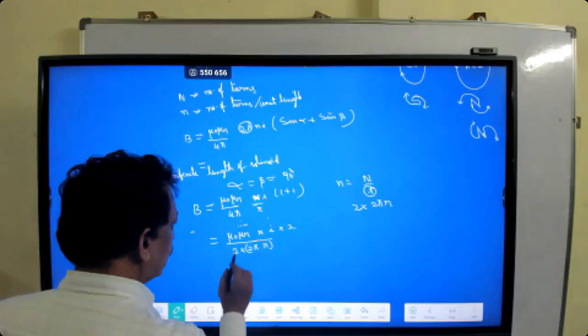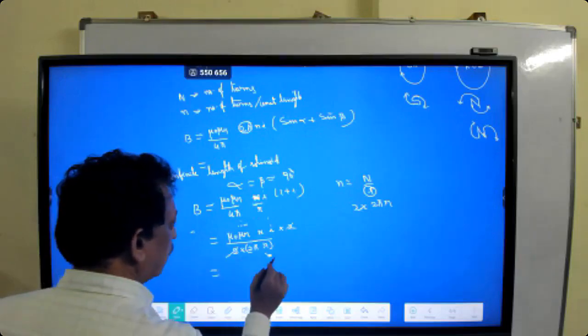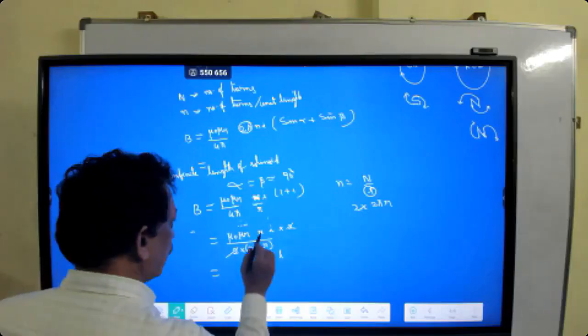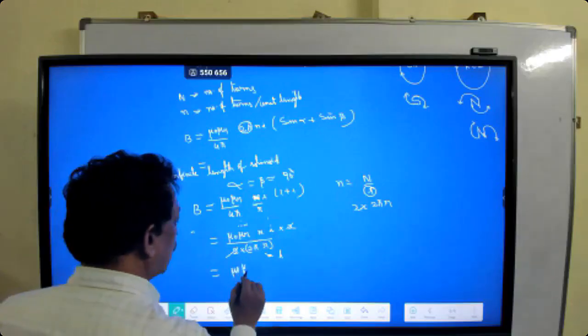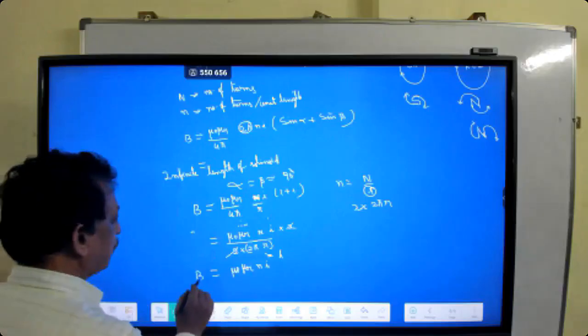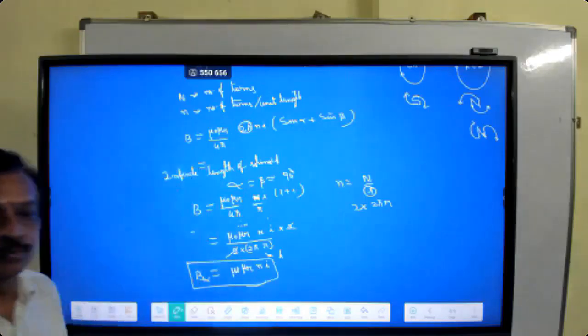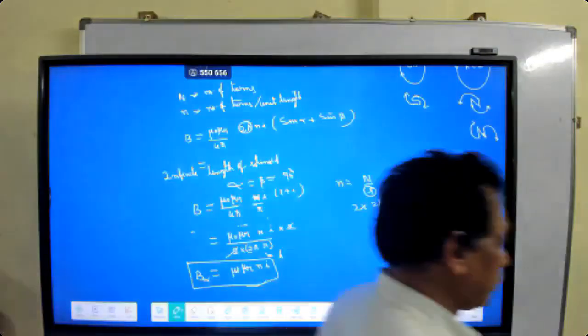This becomes L, and the 2 cancels. This becomes the length of the field, the circular field. So N by L gives you small n. So that is mu naught mu r n I. That is the meaning. Any doubt? L stands for the length of the field, and 2 pi r is the circumference.